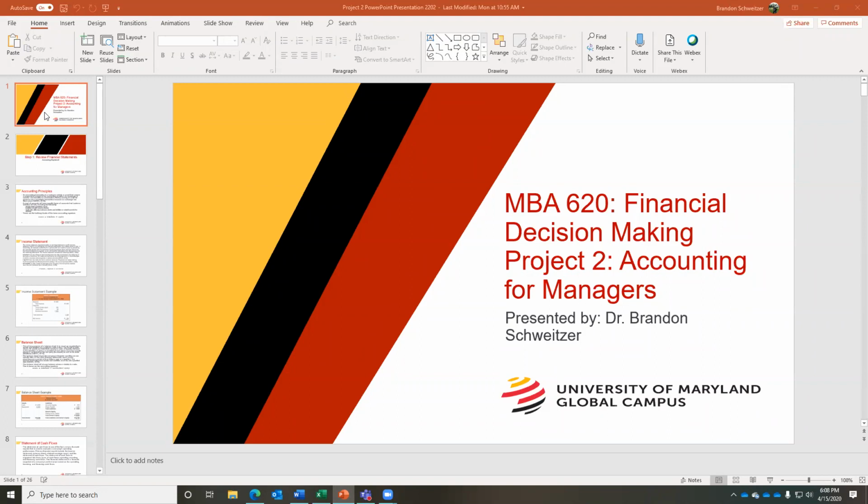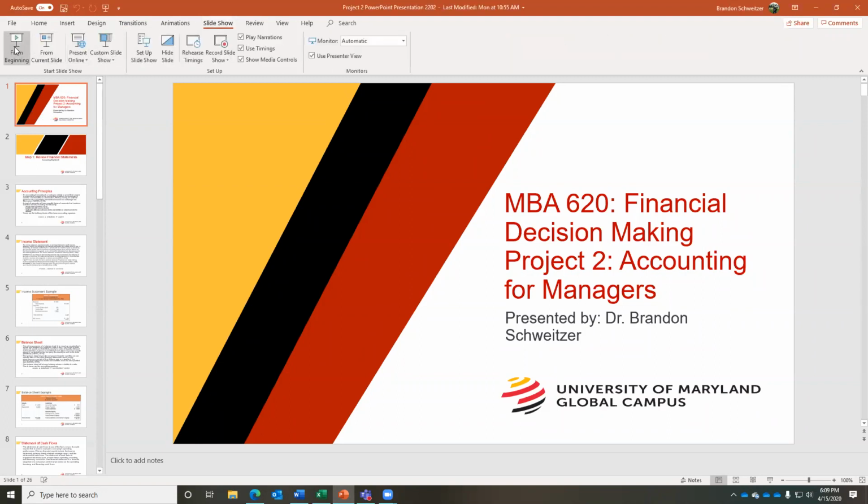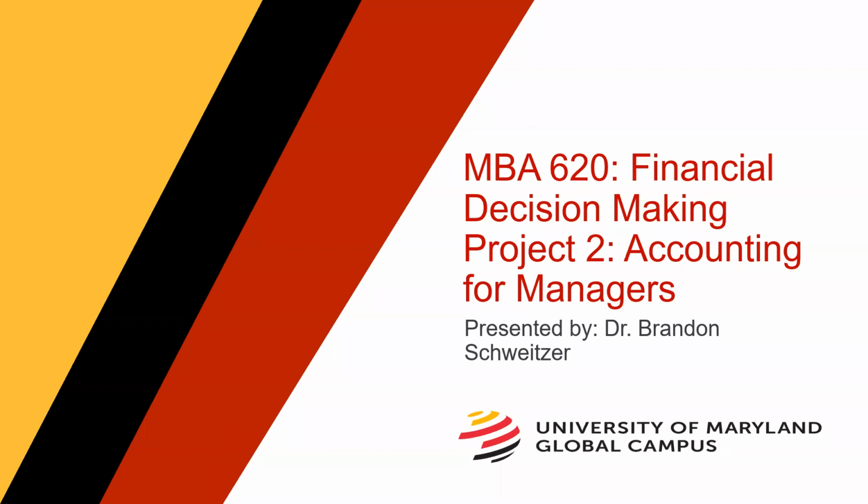And this course, MBA 620, has to do a lot with analyzing financial information in order for you to make decisions on that financial information. The concept behind this project is to help you become better financial decision makers based off of the information that's provided to you. So let's start off by reviewing a couple of basic concepts in accounting.